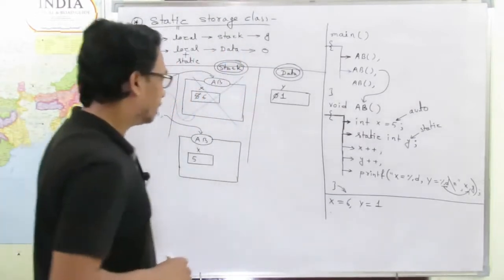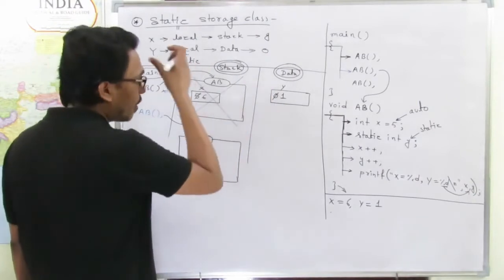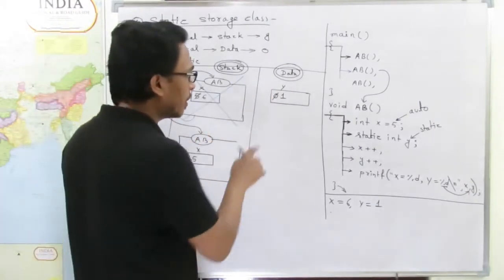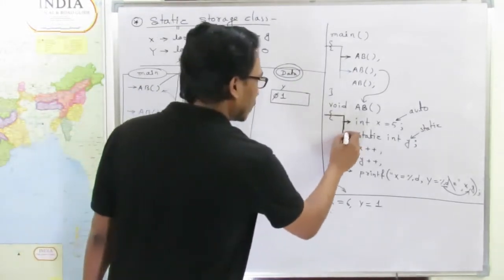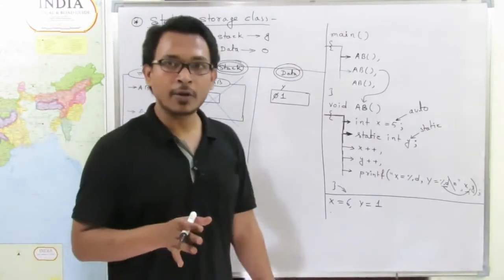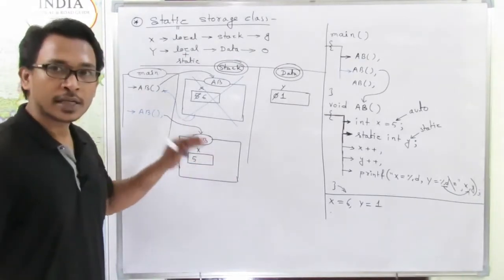Now the system will go to the data section and check whether the variable y is already allocated or not. Now look, variable y is already there, that means the system will not execute this particular instruction and no more memory is allocated for y in this particular ab execution instance.